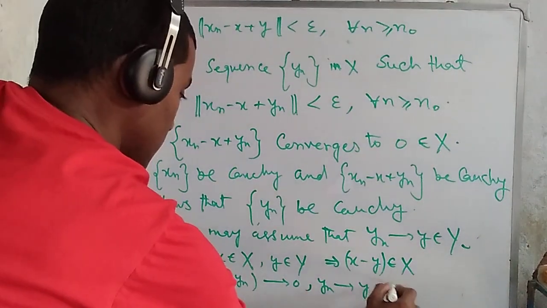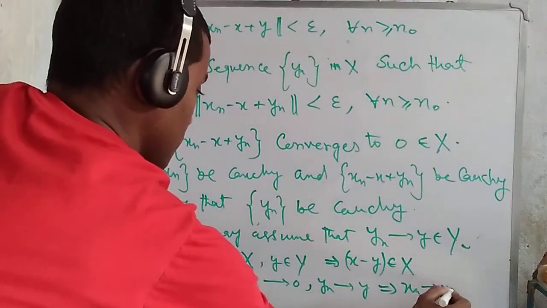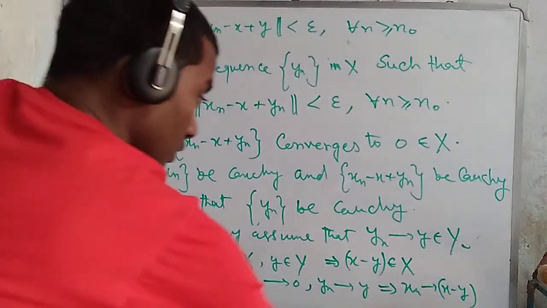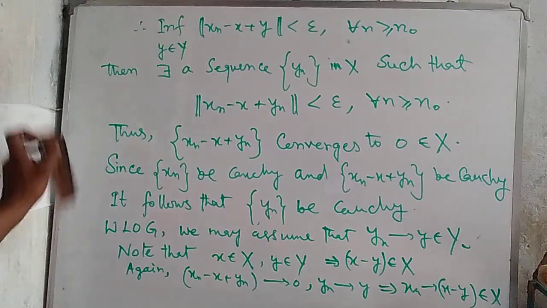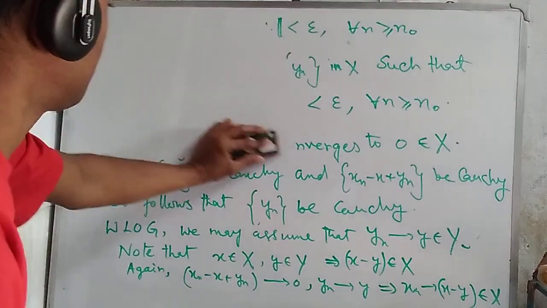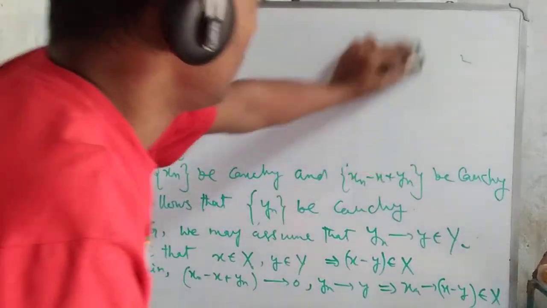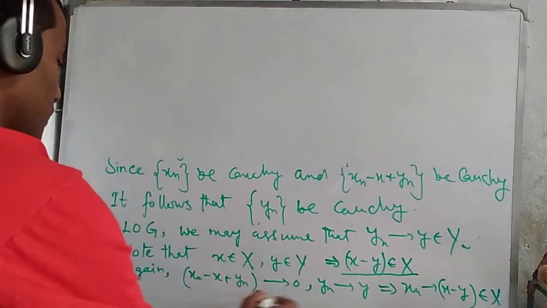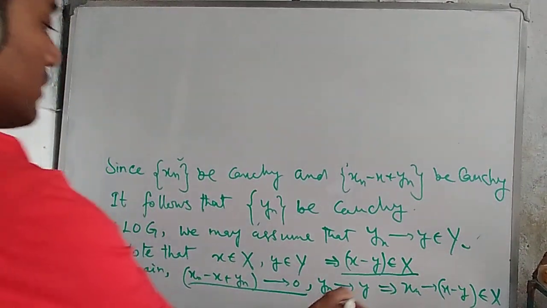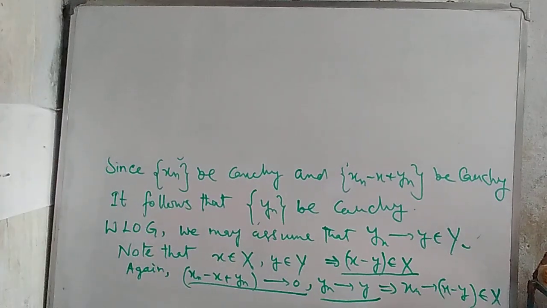This implies that xn converges to x − y, which belongs to X. So in the above, this one belongs to Y, and this one tends to 0, and yn tends to y. That is how we discussed this one.